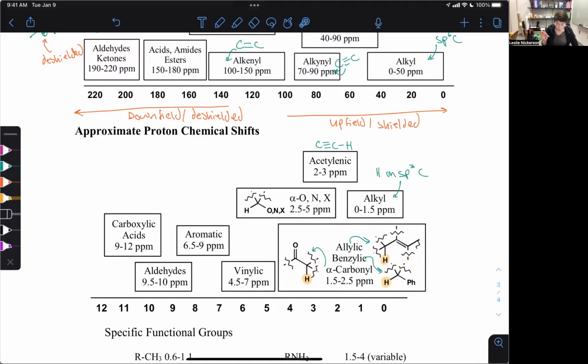I want you to notice that this 1.5 to 2.5 is more upfield than the alpha to oxygen, nitrogen, or electronegative atom. When I have an H on a carbon attached to an electronegative atom, that's going to be more downfield than an H next to a carbonyl.